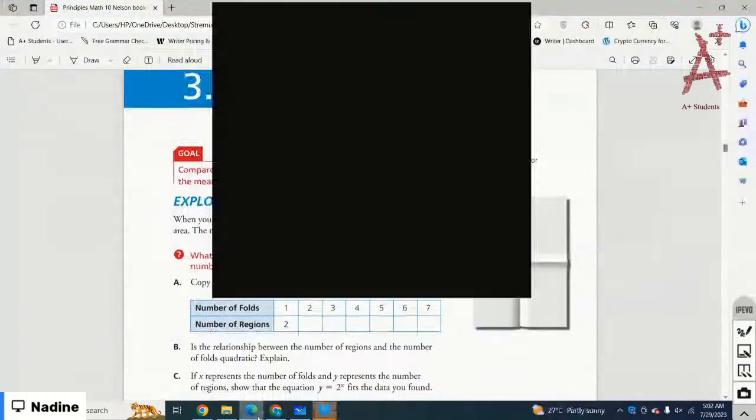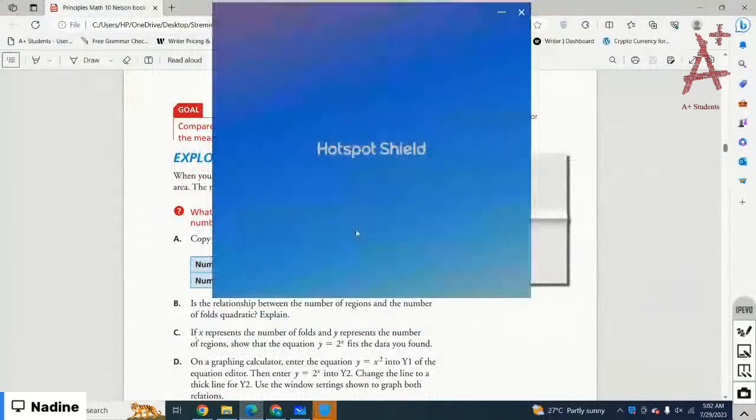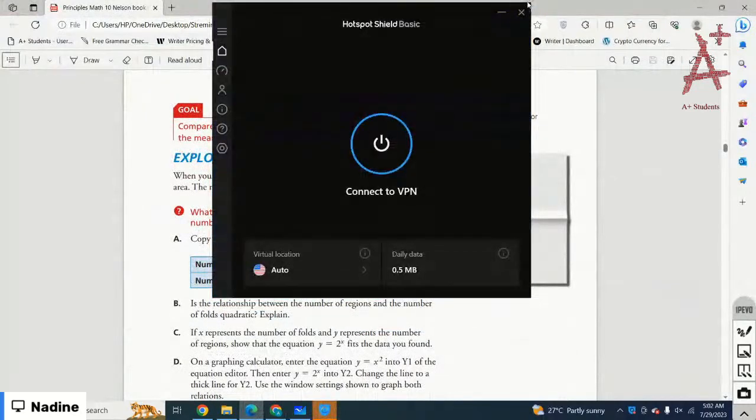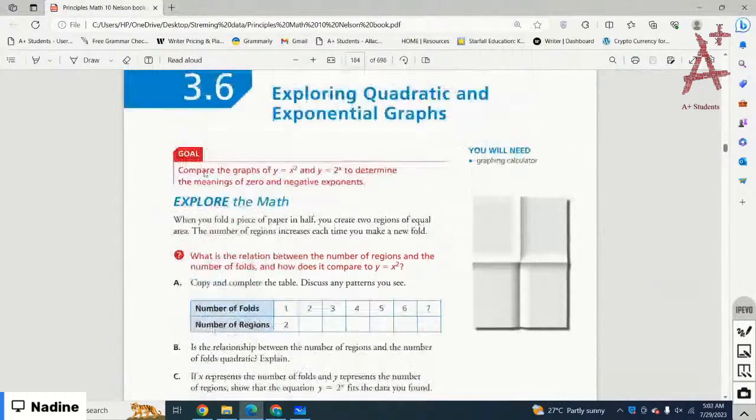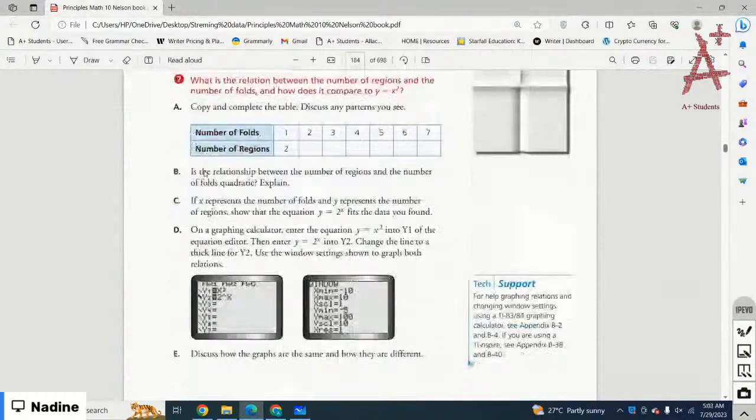Okay, here I am on the lesson exploring quadratics and exponential graph.